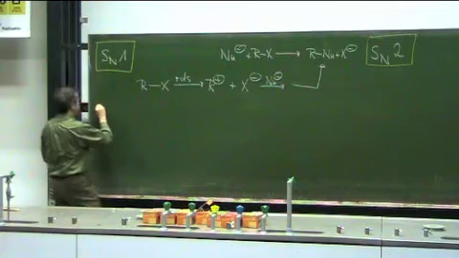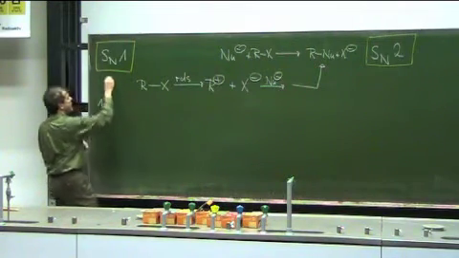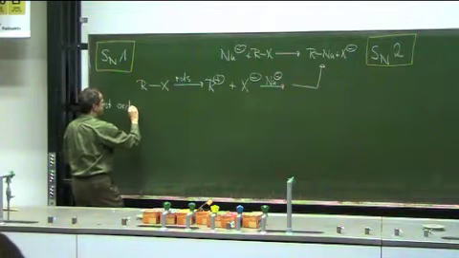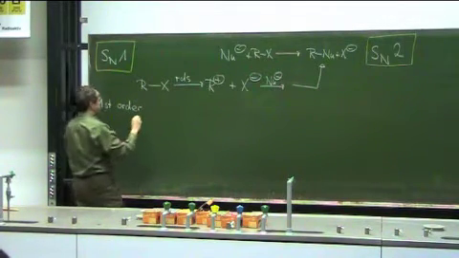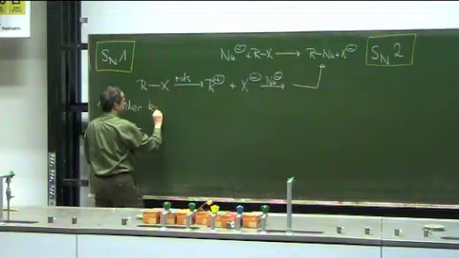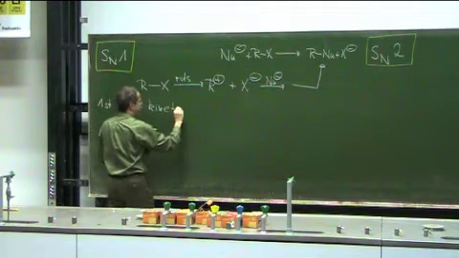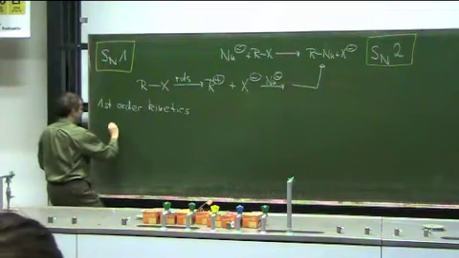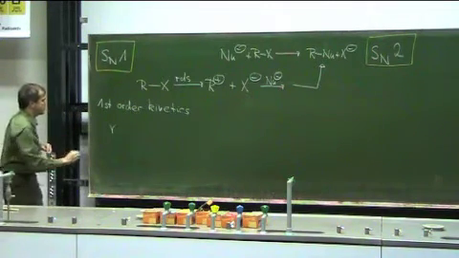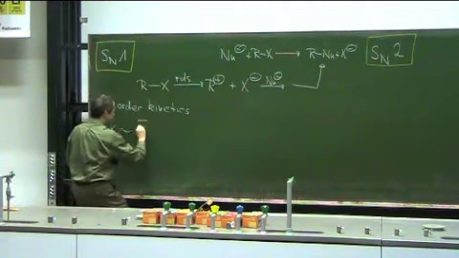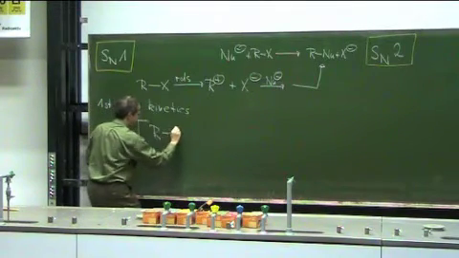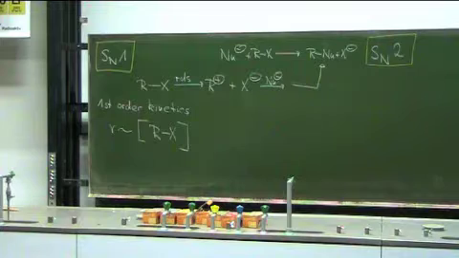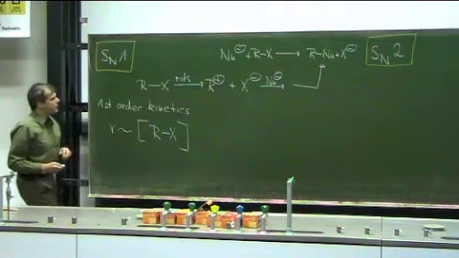This would be consistent, and that is actually the experiment we would do here first, with first order kinetics, and that is that the reaction rate is only proportional to the concentration of our starting compound.